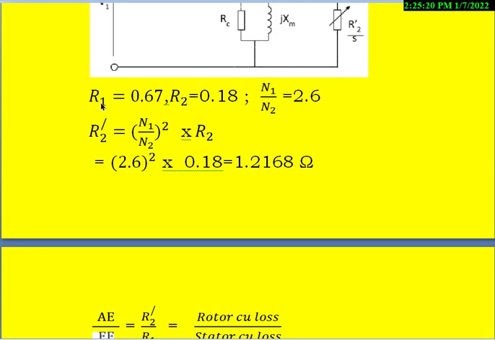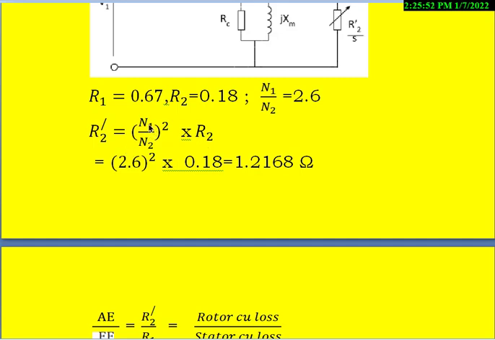It is given that the stator resistance per phase is 0.67, whereas the rotor resistance is 0.18 ohms. And the ratio of the stator turns to the rotor turns per phase is 2.6. Because we need the rotor resistance referred to the primary side, that is the stator side, we use the formula R2 dash is equal to (N1 by N2) whole square into R2.